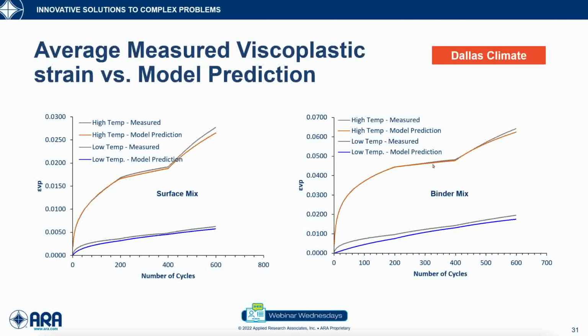So we predicted the viscoplastic strains for the 7 replicates at T high and T low, and we compared them to the measured strains. And you see how the predicted strain and the measured strain overlap, both for the surface mix and binder mix.